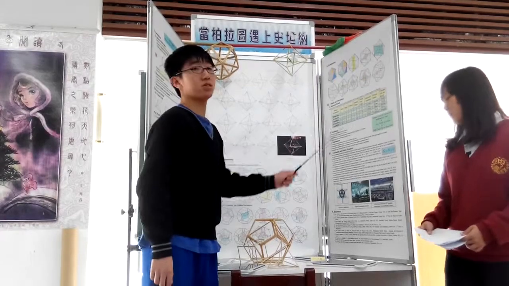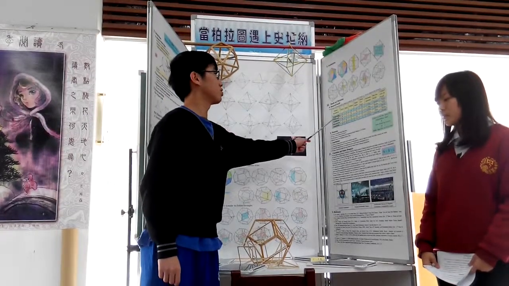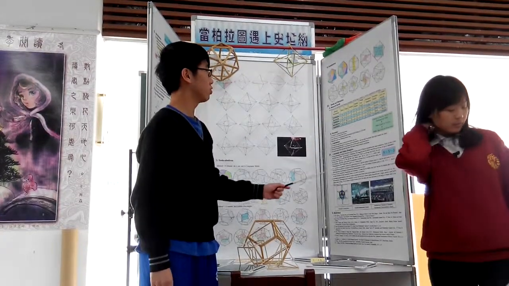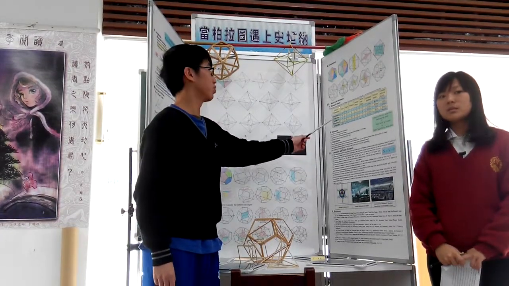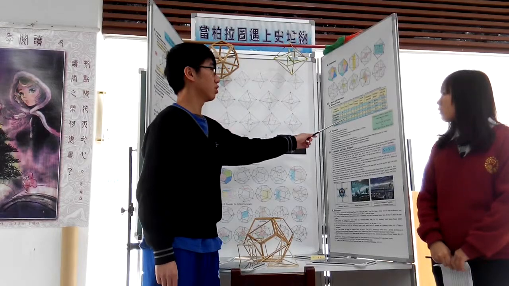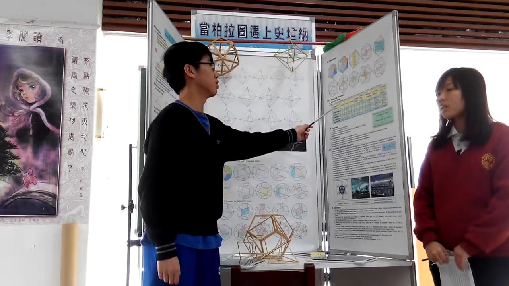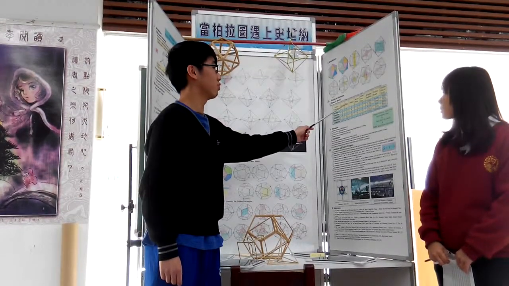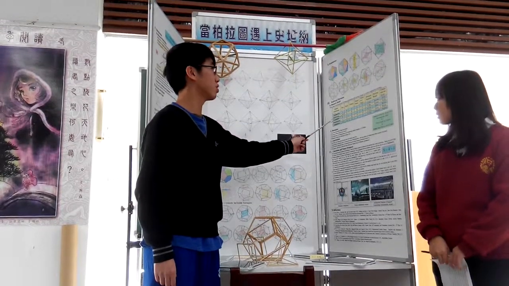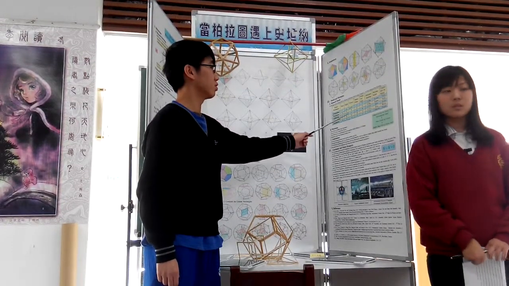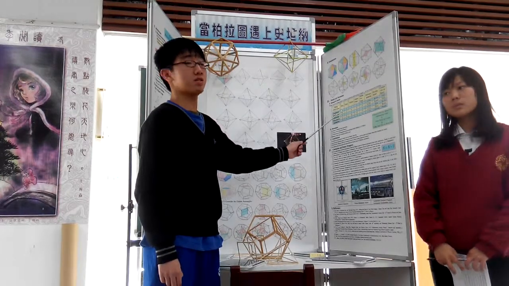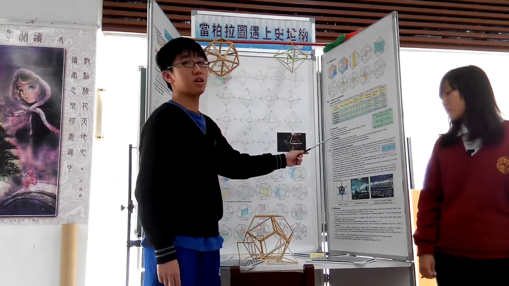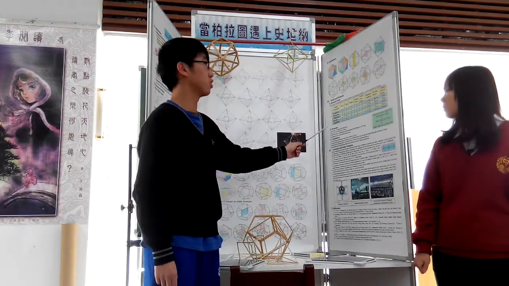Results and discussion. We show our results in this table, and we found that if V is the number of vertices, and S is the number of center points, and S equals V minus 2 holds, then we find the minimum path of symmetry.